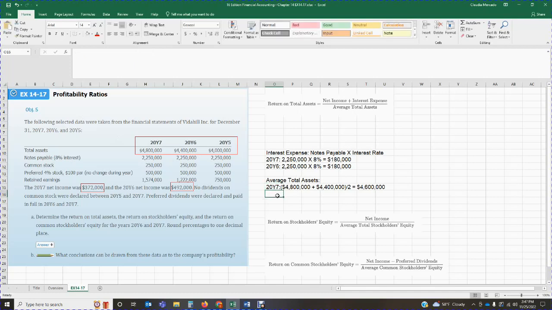Now for 20Y6, I'm going to do the same thing, but now I'm going to get 20Y6 and 20Y5. I'm going to get my 4,400,000 and add my 20Y5, which is 4 million, and divide by 2.